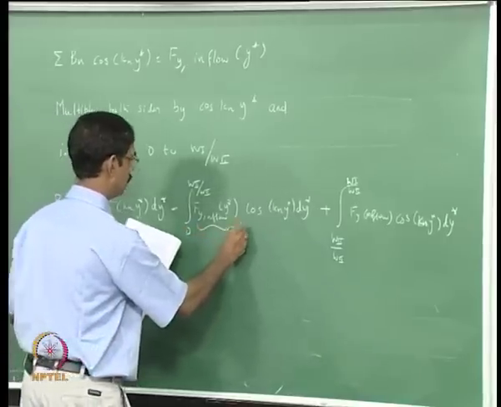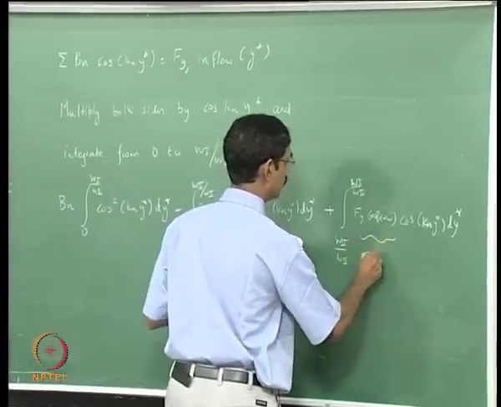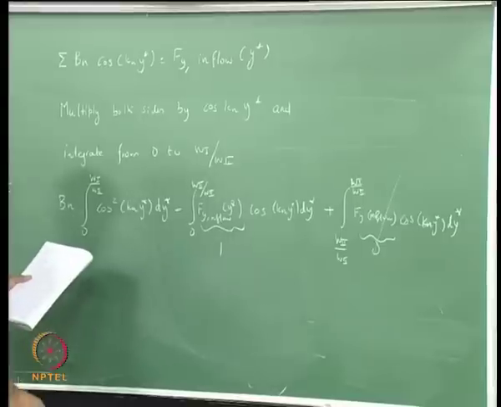So this would be 1, this would be 0, so we can drop that, right.